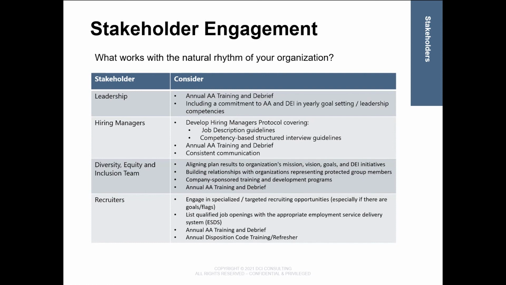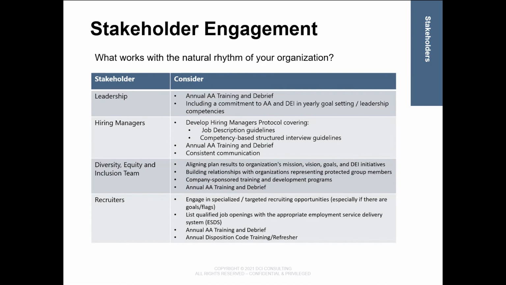Well, we would recommend synchronizing AAP implementation to the natural rhythm of your organization. For example, when engaging leadership, consider an annual affirmative action training and debrief. This is something they can look forward to on an annual basis. Additionally, to further engagement and dedication, consider including a commitment to affirmative action and diversity, equity, and inclusion in yearly goal setting or leadership competencies.